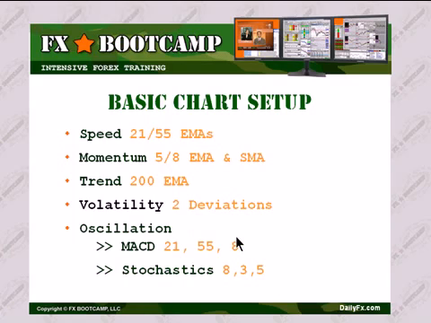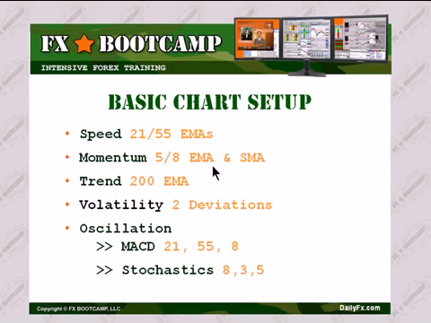Just a brief breakdown on how to understand my charts. I use a 21 and 55 EMA to understand direction of the market and its pace. I also use the 5 and the 8 EMA SMA combination to identify price action and its momentum. I use a 200 EMA to identify the long-term trend. I use Bollinger Bands as a measure of volatility at 2 standard deviations.